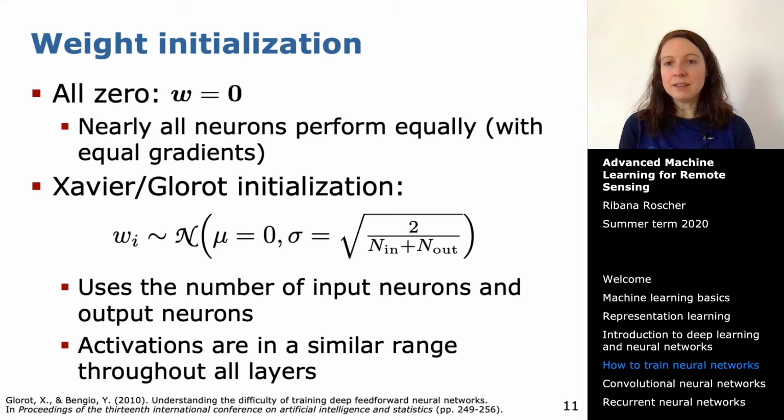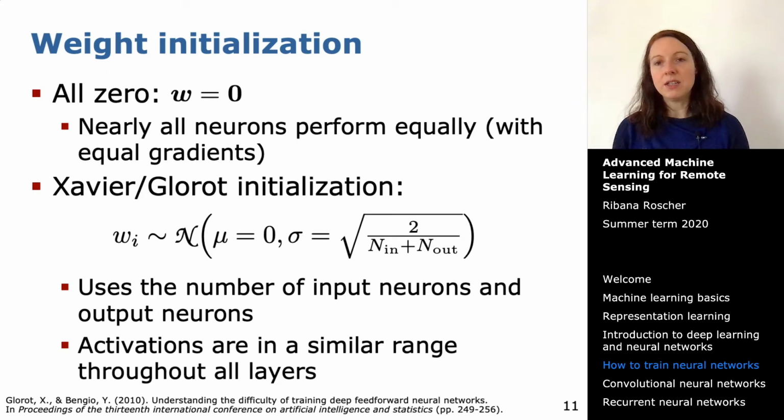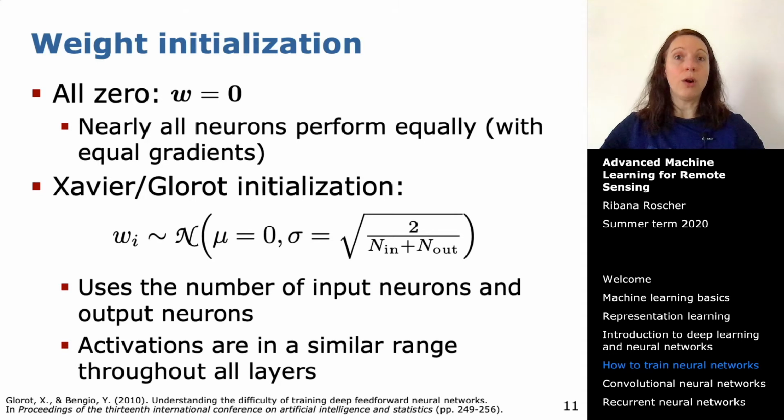This prevents the whole network from vanishing and exploding gradients, so the activations are in a similar range throughout all layers. And if you have similarly valued activations, that also means you have similarly valued gradients, and this is exactly what you want. You do not want totally different gradient updates in not so deep layers and deep layers.